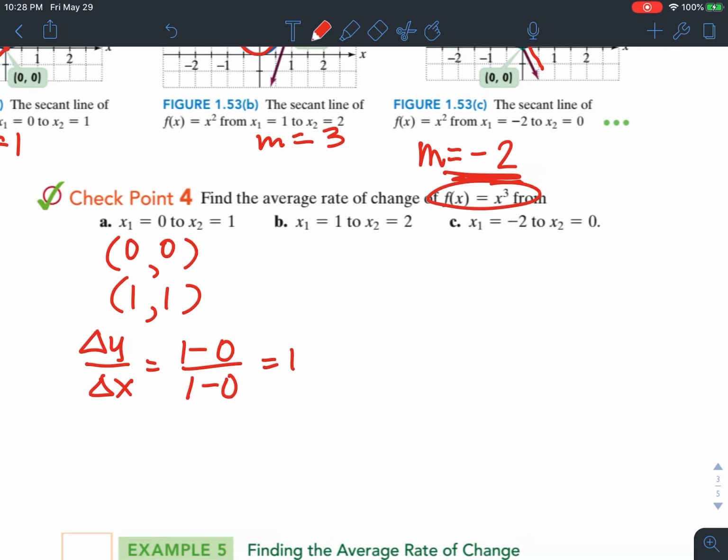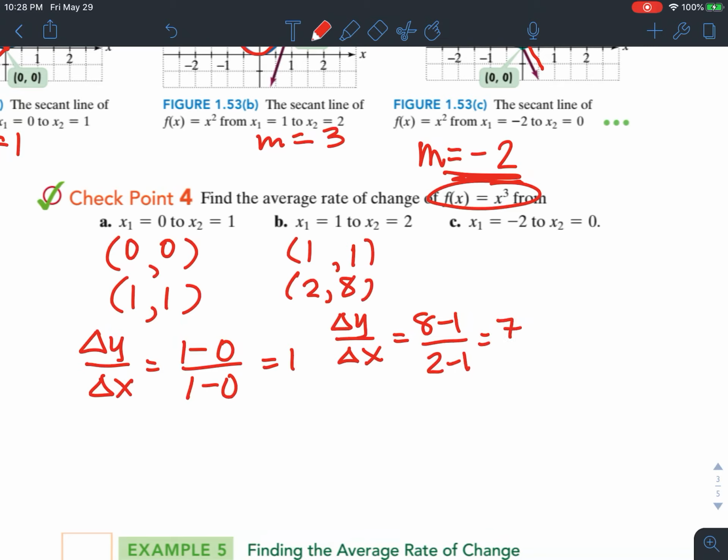It's the same as the other one. Now we have x is 1 and x is 2. So we plug in 1, we still get 1, but we plug in 2, and 2 to the third is now 8. So this average rate of change is going to definitely be different. So that'll be 8 minus 1 over 2 minus 1 equals 7.